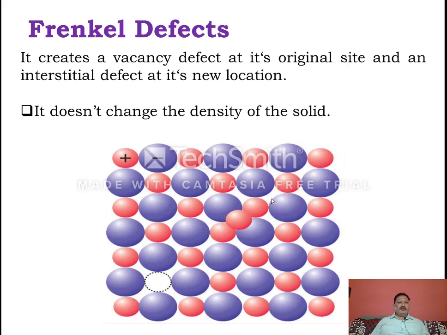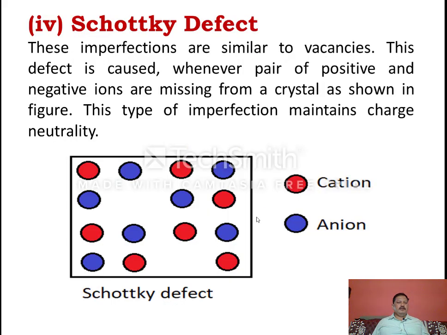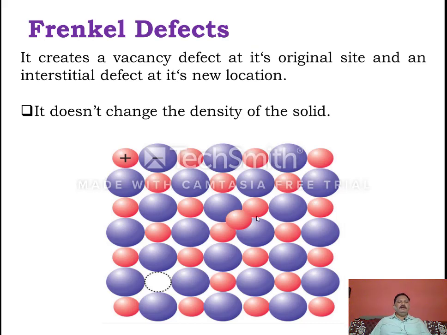So next is the Frenkel defect. Actually, the Frenkel defect is a combination of vacancy defect as well as interstitial defect. What is going to happen here?